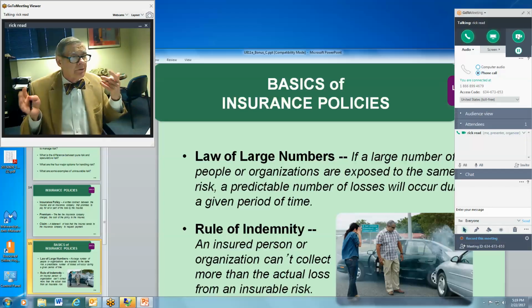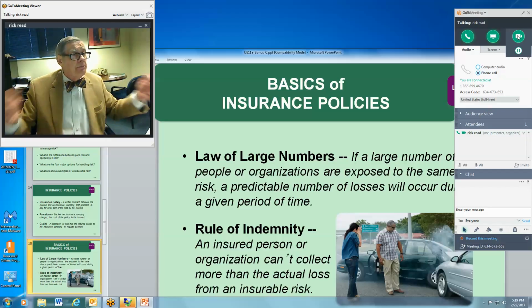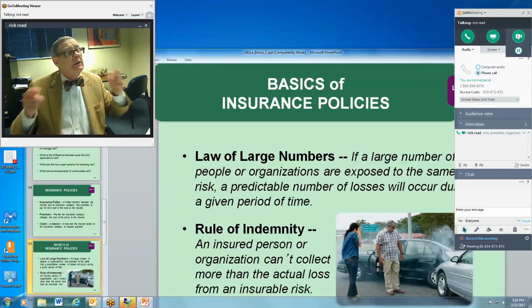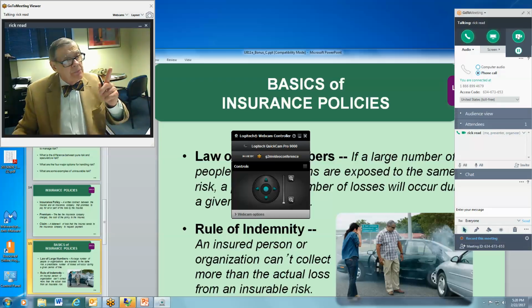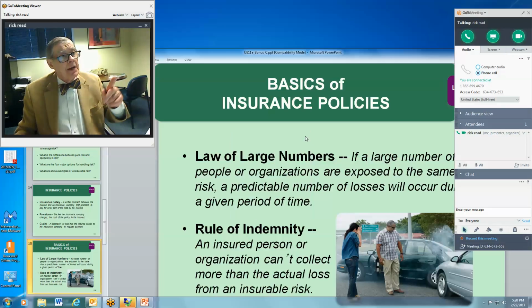Now, you're going to say, no, wait a minute. Everybody pays in and everybody has the same risk. That's exactly correct. But the happenstance of everybody having the same risk happen to them all at the same time is minimal.